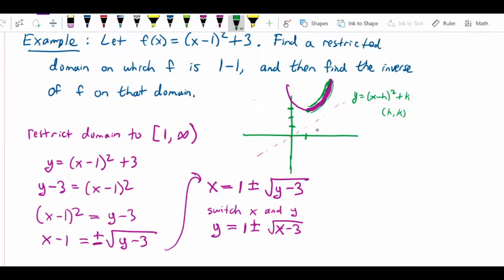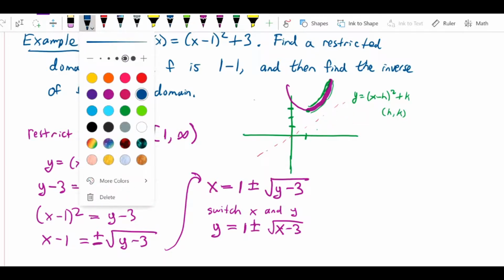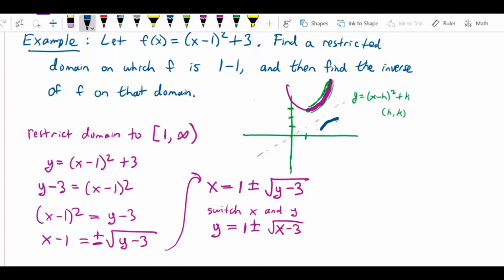So we're going to draw in the reflection, and it looks like this. So that's where f⁻¹ is, or sorry, f inverse. In fact, let me draw that in a different color so it can be more easily seen. There it is. That's f inverse, that half of a parabola.